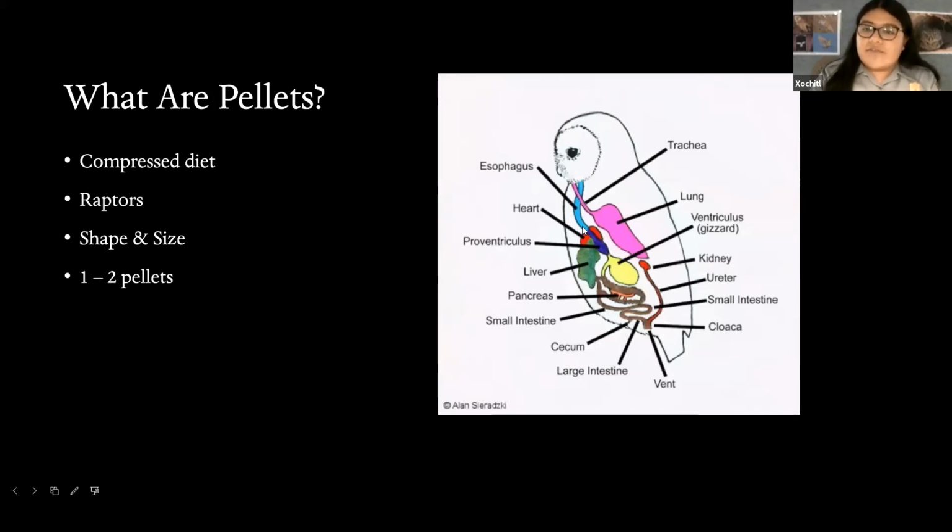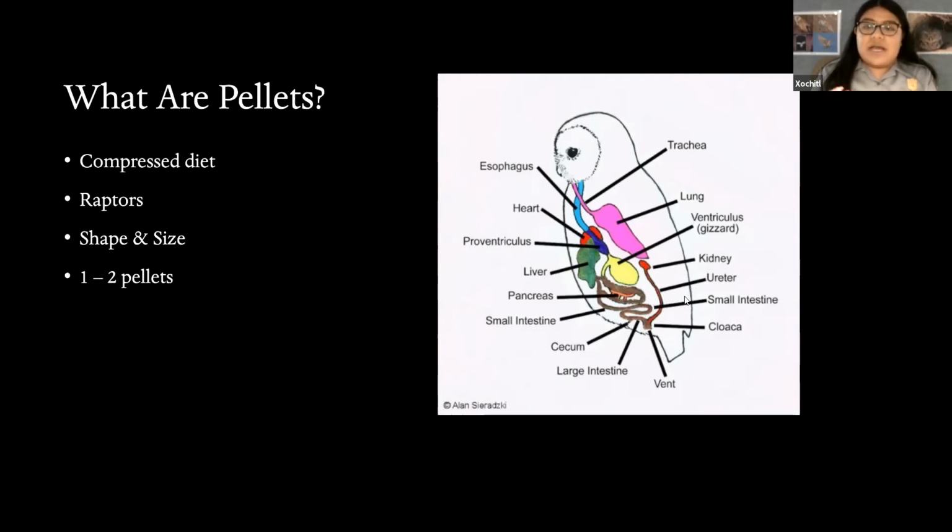It'll go through the esophagus and the proventriculus, and it will stay in the yellow area, which is the ventriculus, or the gizzard, which is what it's mostly referred to as. Once it's there, it will break down, and the gizzard acts like a filter. The filter will hold back all the bones, the teeth, the feathers, and the fur of the prey, and it will digest all the meat or all the protein.